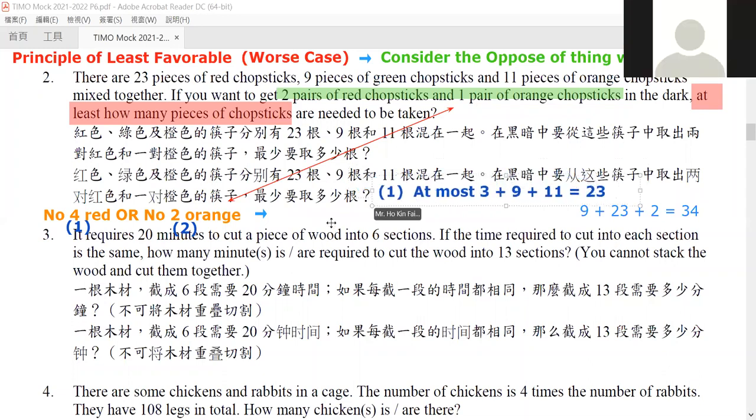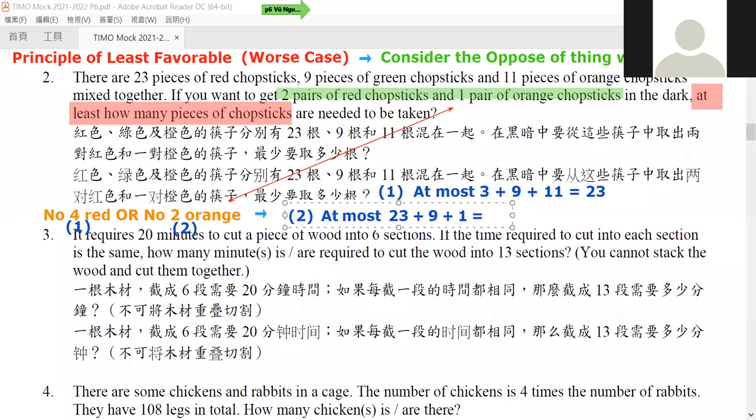Now, for our second condition, no 2 orange, because there are no 2 orange, you can take as many red as possible, 23 red, and 9 green, and you can take at most 1 orange, right?